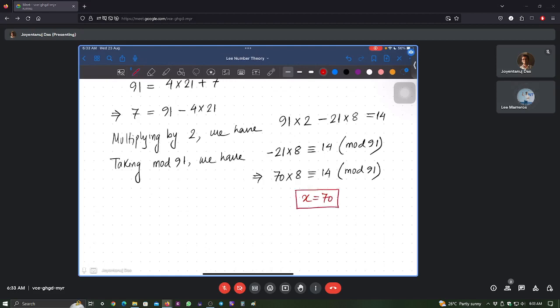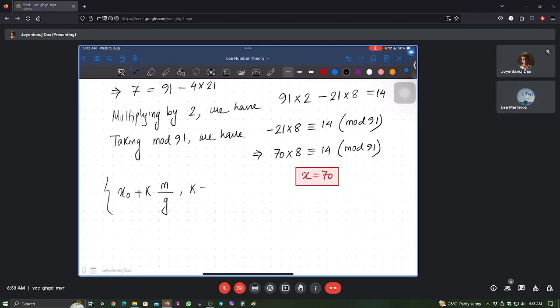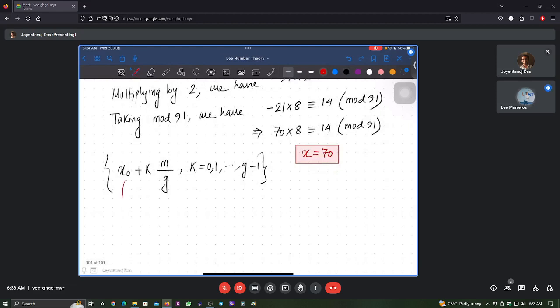Now how to find all other solutions? They are x0 plus k times m over g, where k is from 0 up to g minus 1. Here x0 is 70, m is 91 and g is 7.